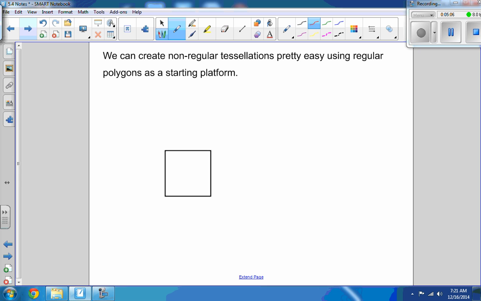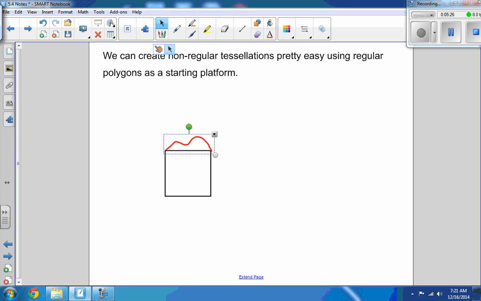Now, let's create some non-regular tessellations. And we can do this pretty easily using some regular polygons as a starting platform. So I'm going to take this square and make myself a nice non-regular tessellation. What I'm going to do is just make something up at the top here.